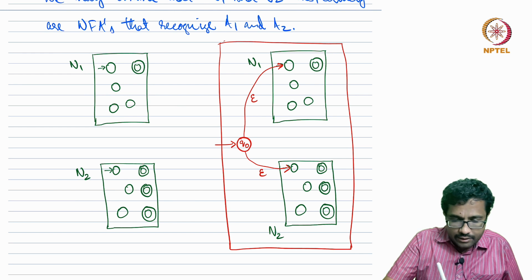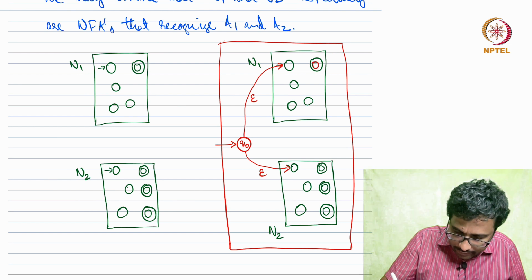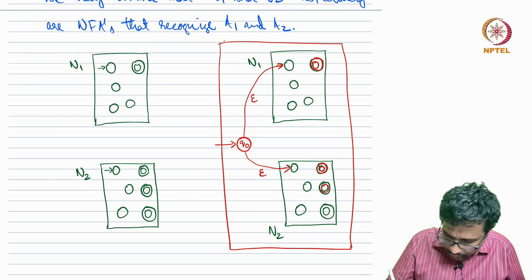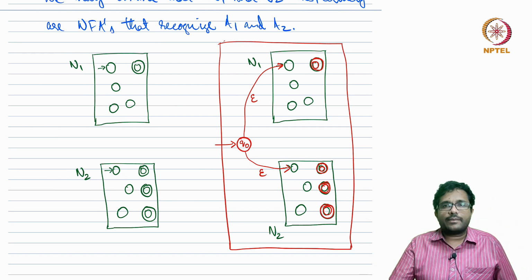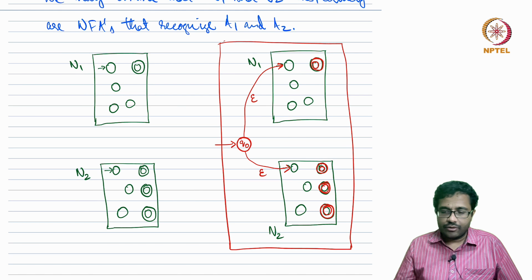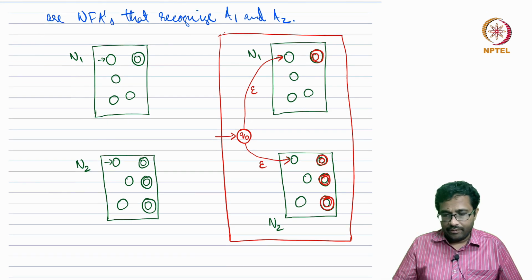The accepting states of the new NFA will be all the accepting states of N1 and the accepting states of N2, all of them. Here there is one accept state of N1 and 3 of N2, so in the joint machine there are 4 accept states overall. Whatever was inside N1 and N2 remains as it is.